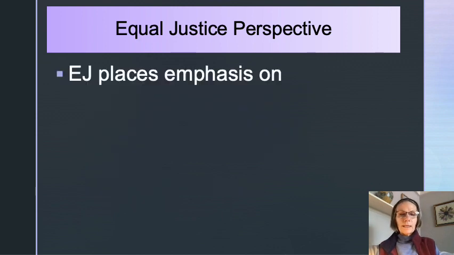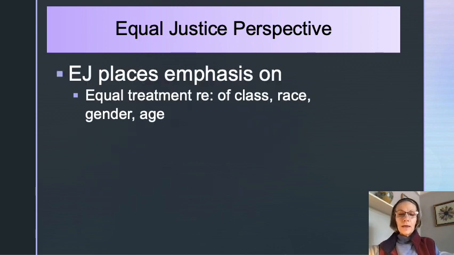So the equal justice perspective places emphasis on equal treatment of offenders, right? Or those accused of offending. And so they focus on the idea that people should be treated the same regardless of their class, their race, their gender, or their age, okay?